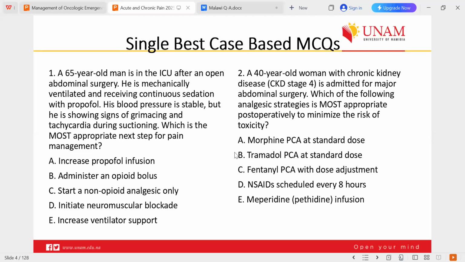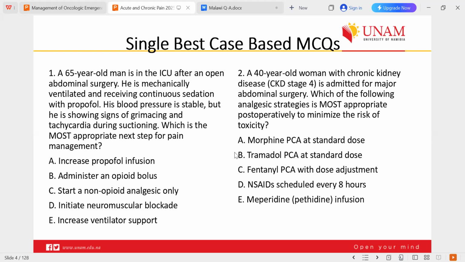B is correct. Okay. A 40-year-old patient with CKD stage 4 is admitted for major abdominal surgery. Which of the following analgesic strategies is most appropriate post-operatively to minimize the risk of toxicity? Note that this patient is a CKD stage 4 patient.